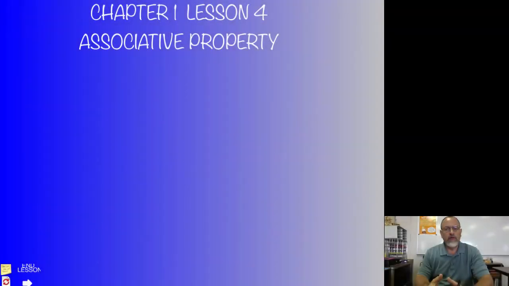Chapter 1, Lesson 4 of Algebra, and we're going to look in this lesson at the associative property. Remember when we introduced properties a couple lessons ago, I mentioned that one of the key things that's really helpful in mathematics is if we can remember the relationship between properties and which operations they apply to.